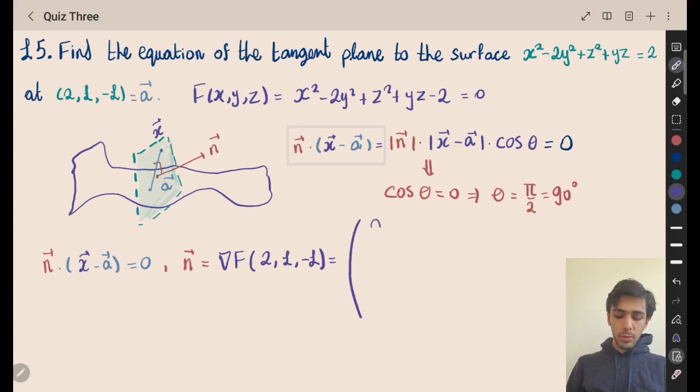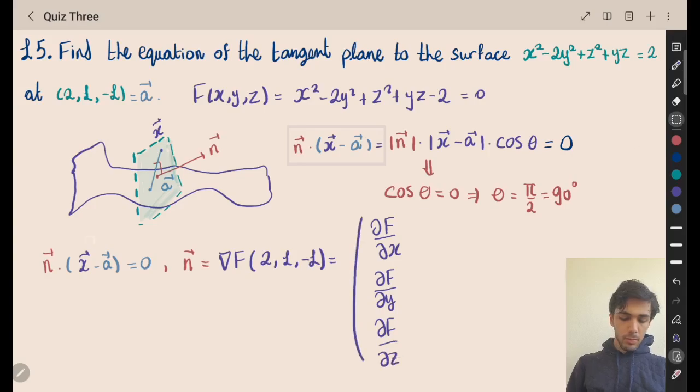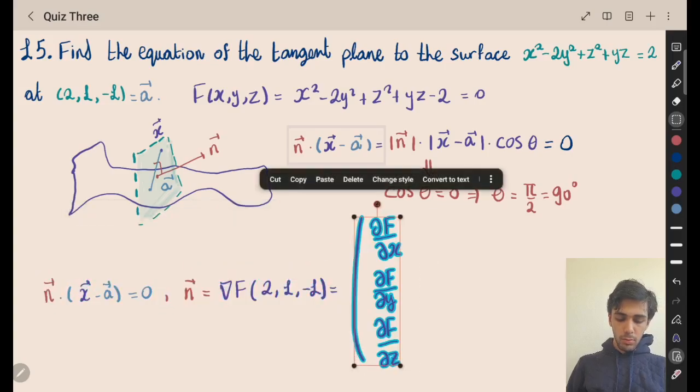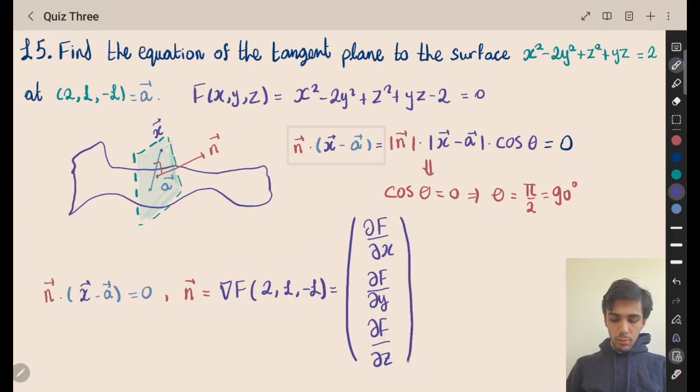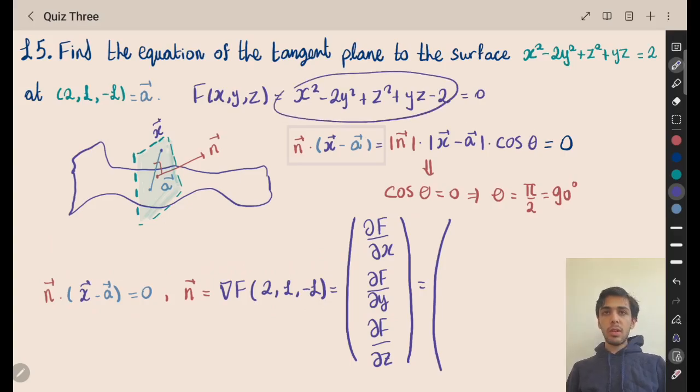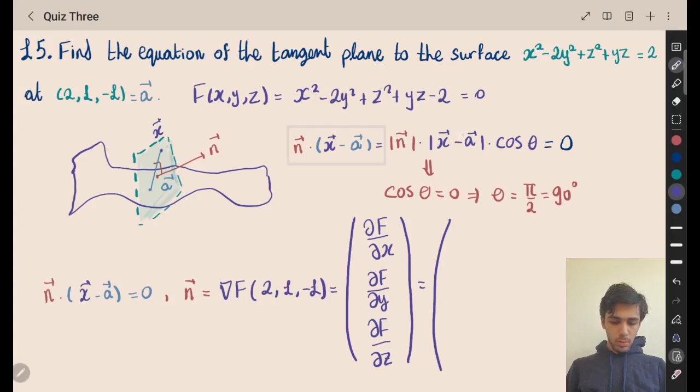For that, we need to compute partial f partial x, partial f partial y, partial f partial z. That is going to be 2x, because it's the only term that changes with respect to x.